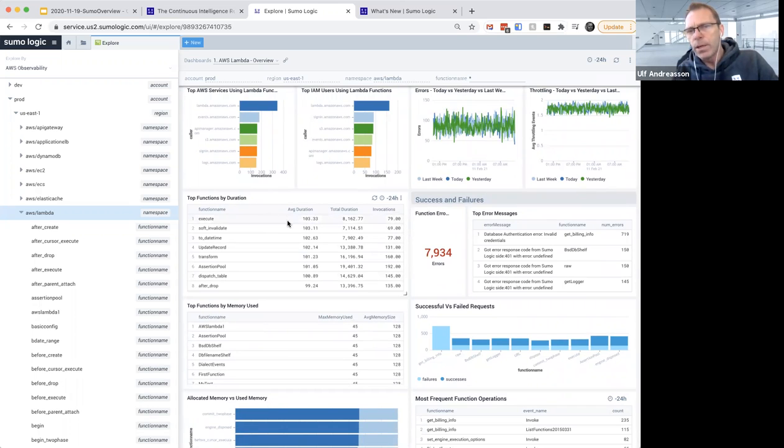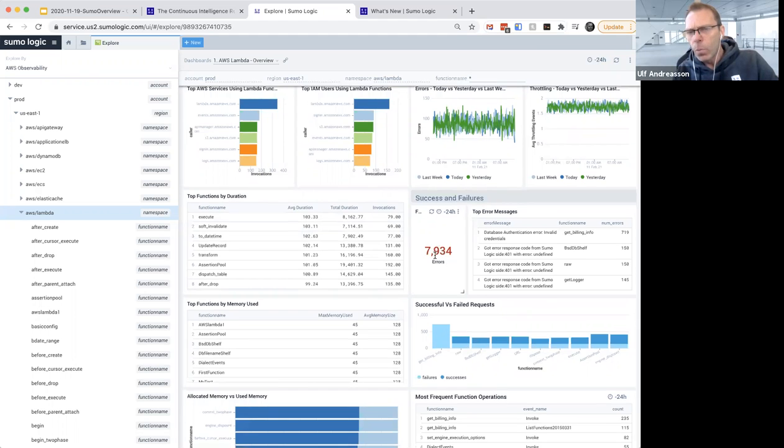We all know that the number of invocations is something that we're paying for with Lambdas. So I can easily go in and see those things here, right? Successes and failures is another one. Right now, for the last 24 hours, as you can see up here, we see roughly about 8,000 messages that relate to errors.